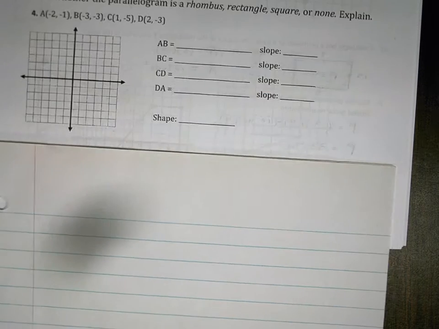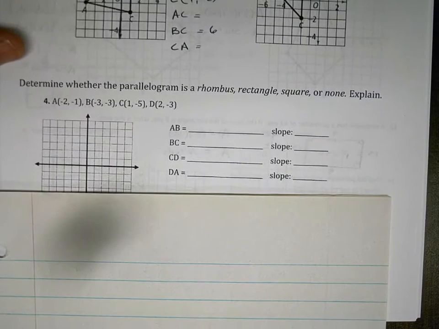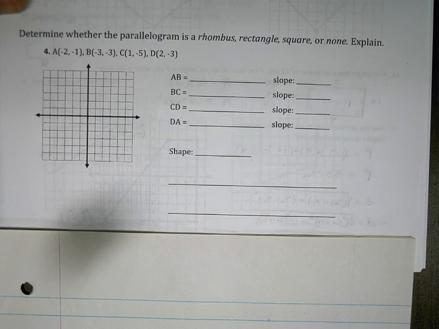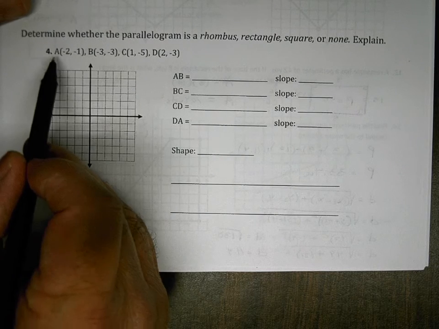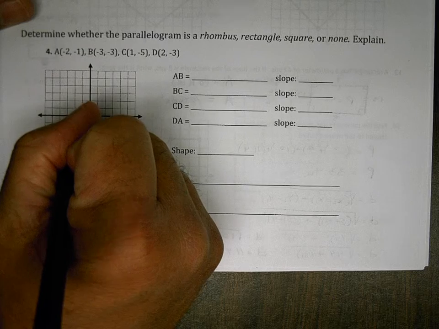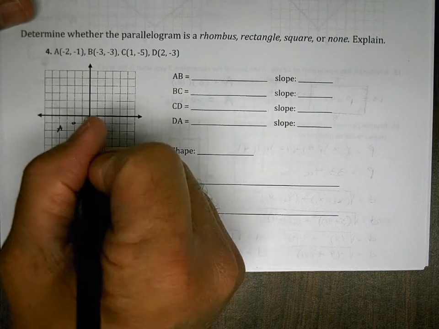I'm going to do number 4 with you, and I'm going to leave you guys to get to doing the rest. It's going to be hard to do number 4, show you all the work and moving back and forth, but I'll try. So number 1, we have to first graph it. So A is at -2, -1, so that's A. B is at -3, -3.